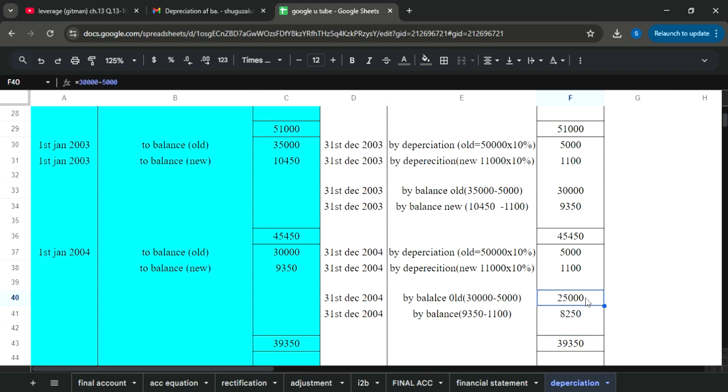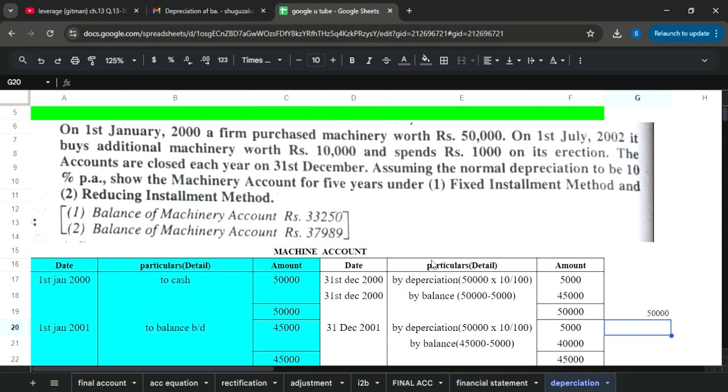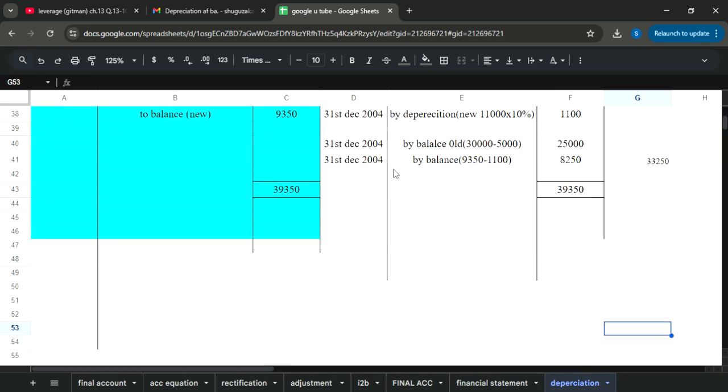Look, this was the balance for the old asset and this was the balance for the new asset. That means collectively we have two assets of value 33,250, and here you can see 33,250. Balance of machinery, these are your answers. Balance of machinery 33,250, and how much we have calculated? 33,250.